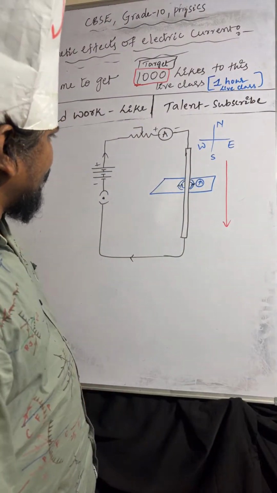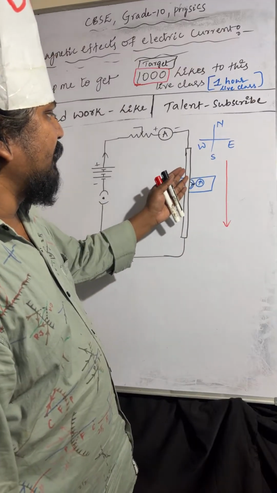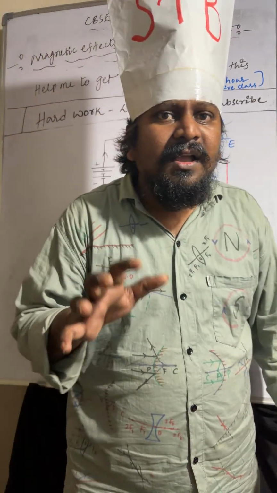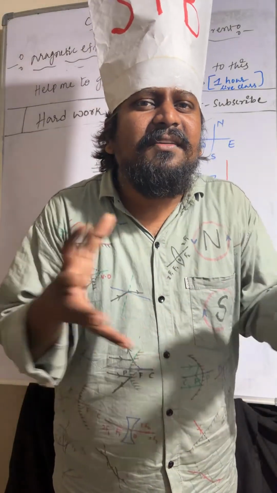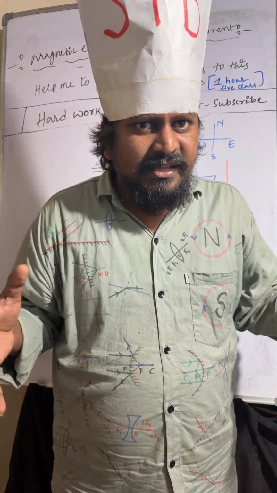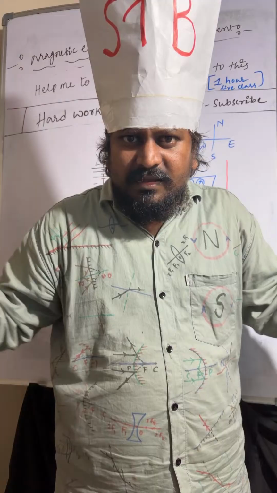So near to the conductor, magnetic field will be more. And one more thing, more crowding of magnetic field lines represents more field.